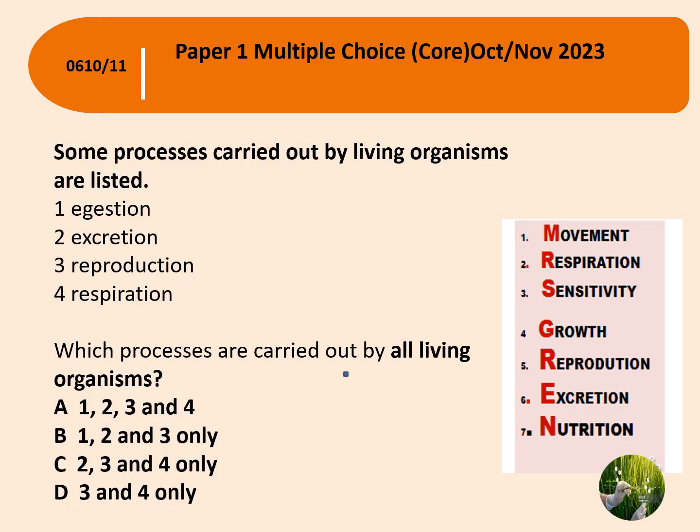So if we go through the 4, egestion is removal of undigested matter, and it is not considered as a process carried out by all living organisms. But excretion, reproduction, and respiration are carried out by all living organisms, and therefore C is the answer, where 2, 3 and 4 only is the answer.